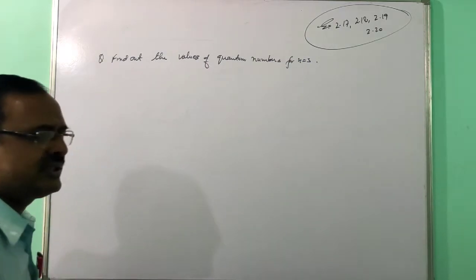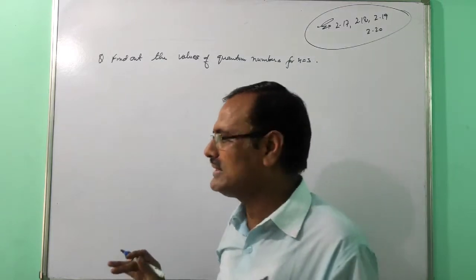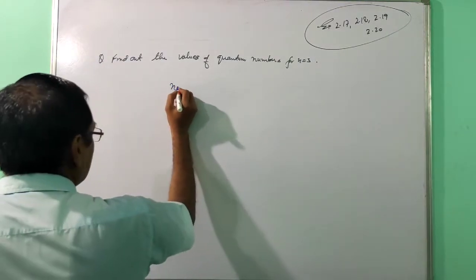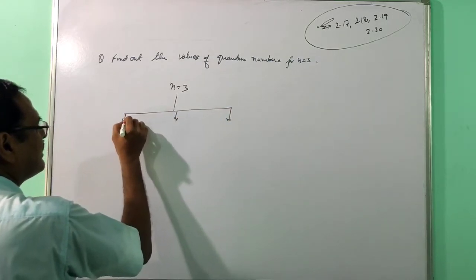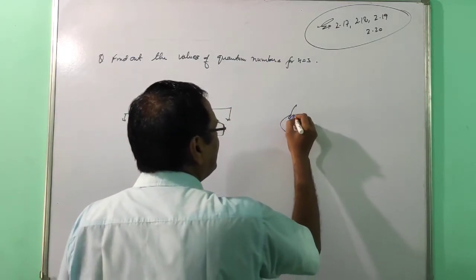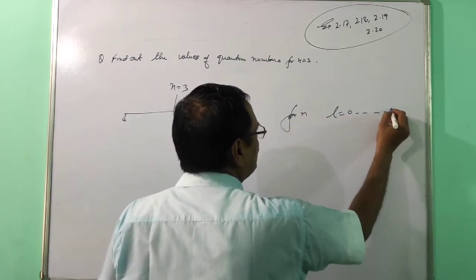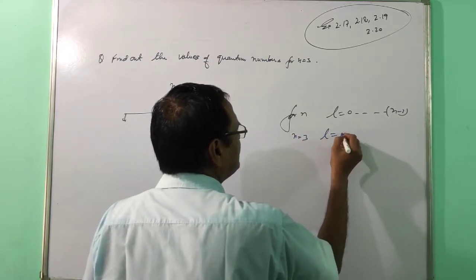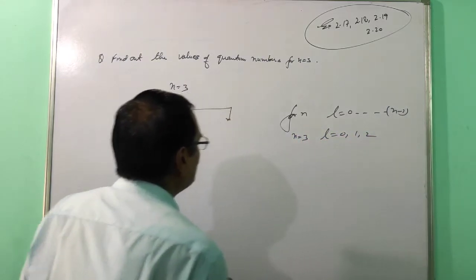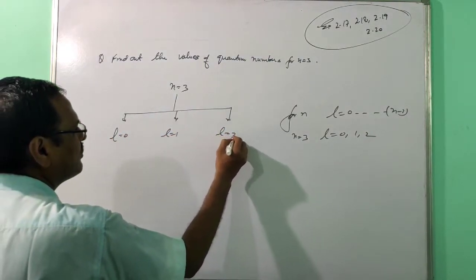It means n is equal to 3 is given, then you have to find out the values of the other quantum numbers. It is very simple. You have studied for n, l is equal to 0 to n minus 1. So for n is equal to 3, l is equal to 0, 1, 2.